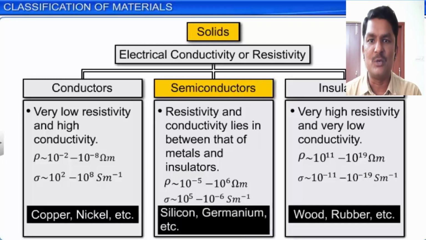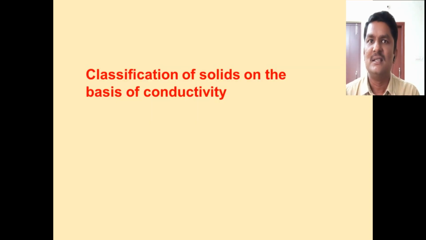The best examples of semiconductors are germanium and silicon.